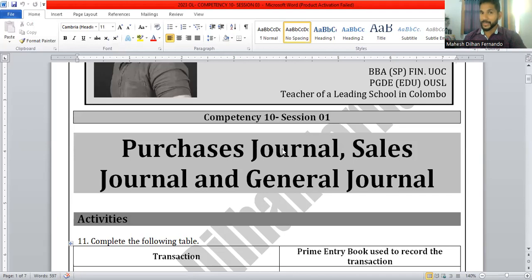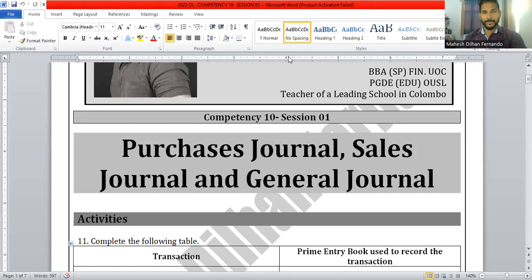For example, in the case study that you all have received, it was asked to state two prime entry books that were used. It was there in the zonal paper.